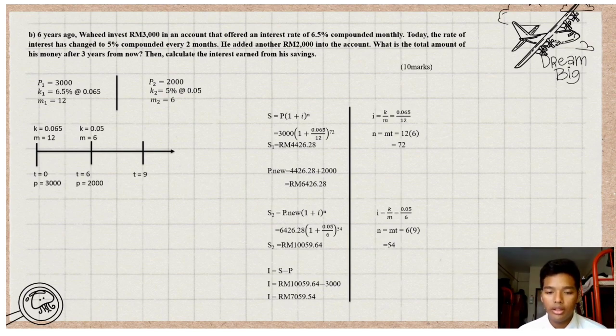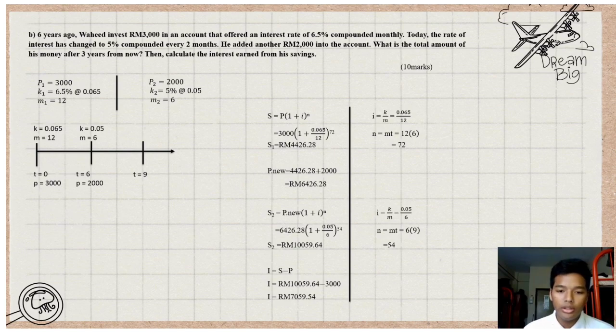Next, we should find the new principal, P new: 4,426.28 plus 2,000 equals 6,426 ringgit 28 cents. Let's find the second S. The second formula is P new bracket 1 plus I bracket to the power of N. I, K over M, equals 0.05 over 6, and N equals MT, equals 6 times 9, equals 54.